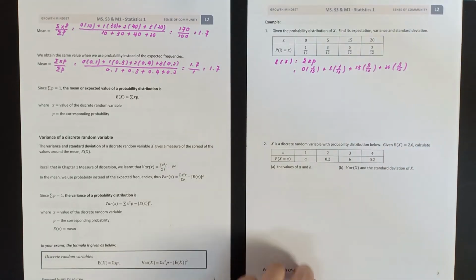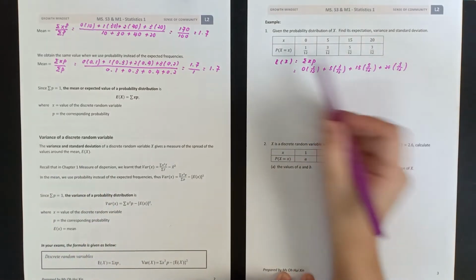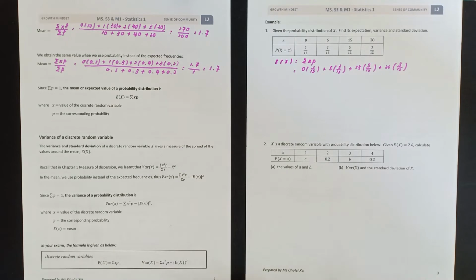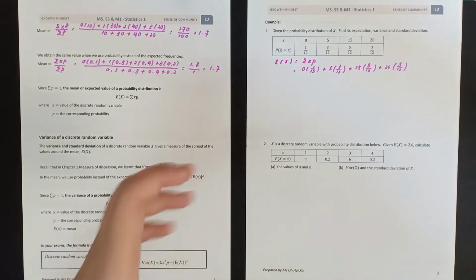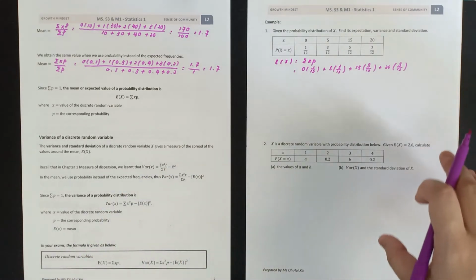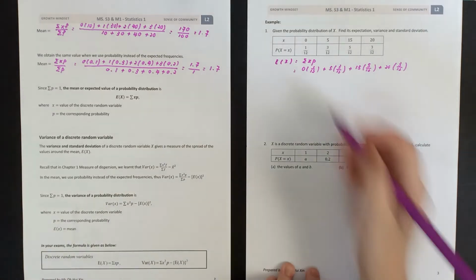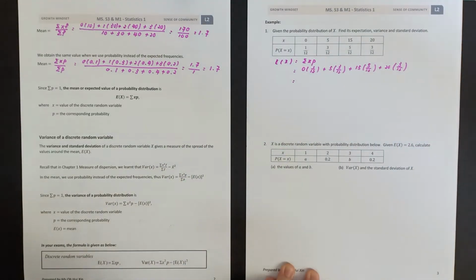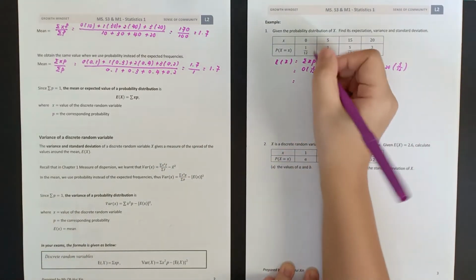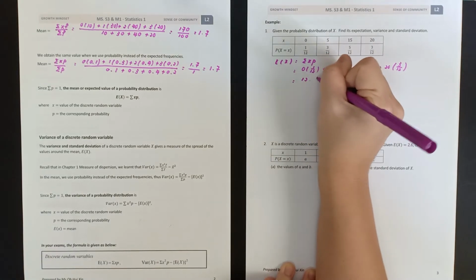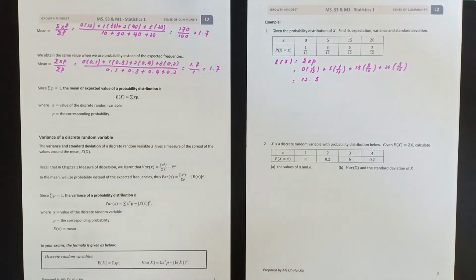You do not need to divide by the total probability. If you do, you actually get the same answer, because when you add up the probabilities you get 1, and anything divided by 1 gives the original number. So it's totally fine. When you multiply them together and add up, you should be getting 12.5. Just like that, very easy. Just follow the formula in the sheet.